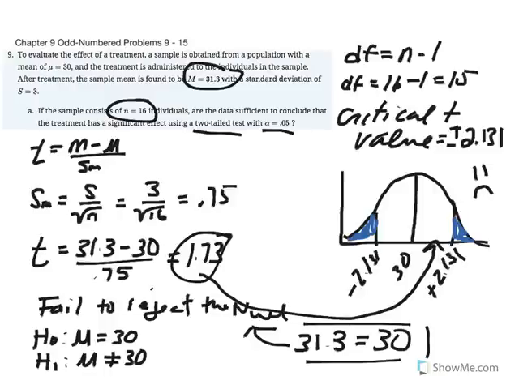Based on where that t-value resides in our distribution of sample means, we fail to reject the null hypothesis.